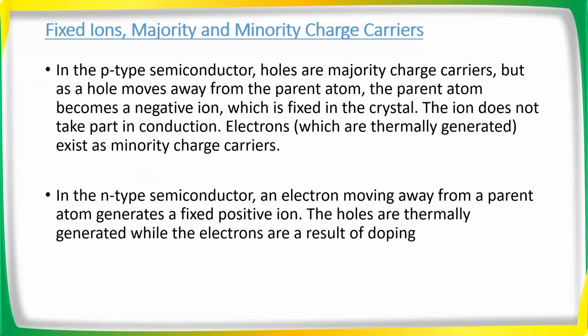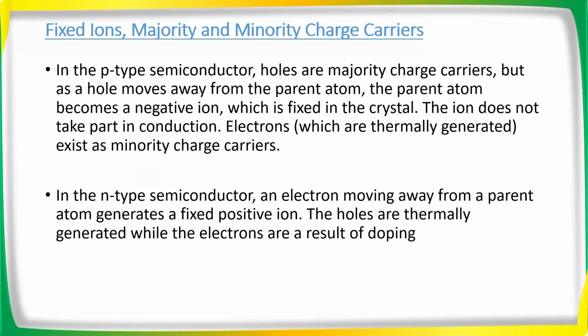Okay, anybody with a question? If there's none, then we can continue. We've talked about the fixed ions. We've talked about majority and minority charge carriers. For the p-type, the holes are the majority charge carriers, while the electrons that are thermally generated are the minority charge carriers.